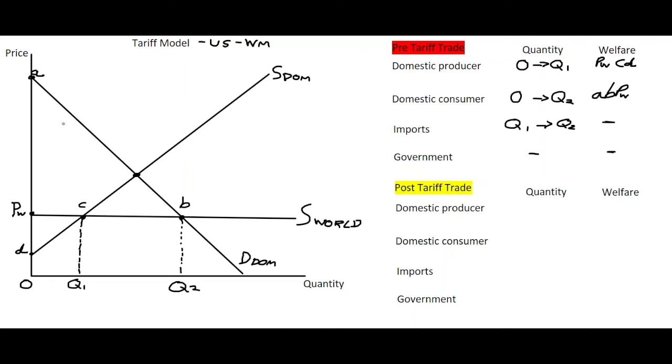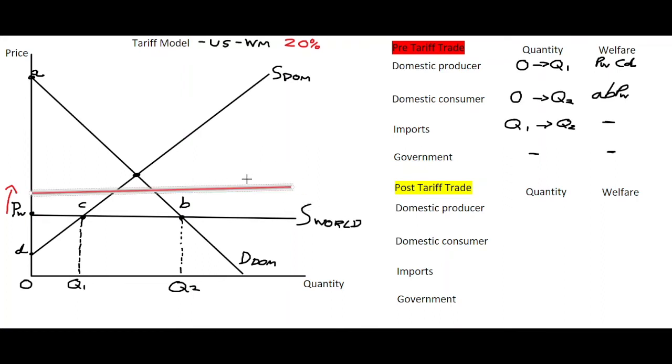The impact of the tariff is going to be to increase the world price represented by PW. So if President Trump imposes, let's say, a 20% tariff on washing machines, what that does is it increases the price for every consumer in the United States. And therefore, when prices are shifted up, we can represent this with a new supply curve, a new world supply.